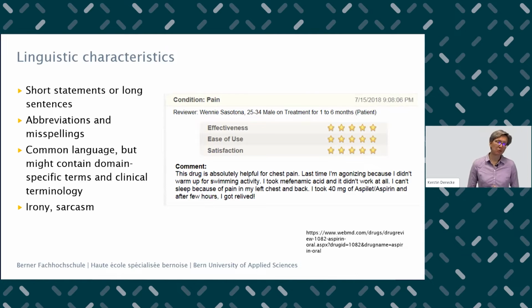Then there might be abbreviations and misspellings from a linguistic point of view. In Twitter, because of the restricted length of messages, we are probably more used to using abbreviations and misspellings, because we are writing on the way to work or whatever. So we are not concentrating too much on writing things properly.